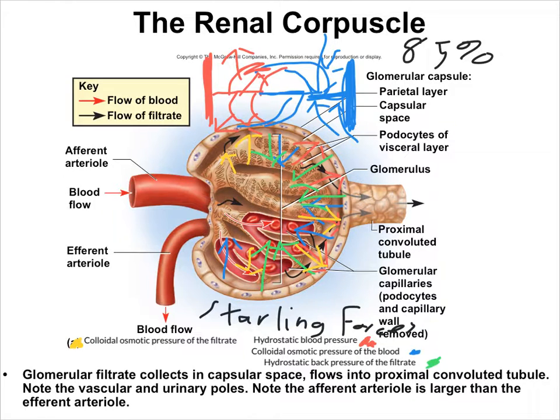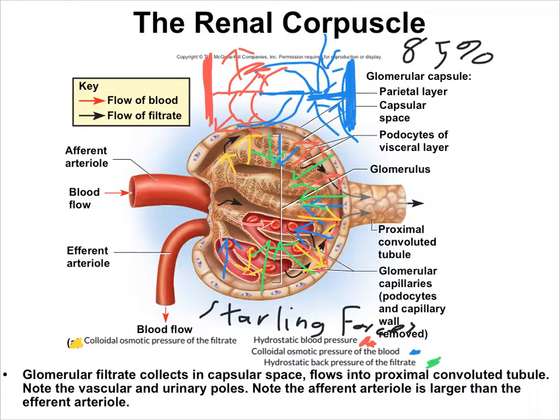Now, what really matters here is actually the difference in the colloidal pressures and the difference in the hydrostatic pressures. Because under a normally functioning kidney, the colloidal pressure of the filtrate should always be lower than the colloidal pressure of the blood. After all, it's made from the blood, and you're squeezing out most of the water, so it's always going to have more water in it than the blood does.